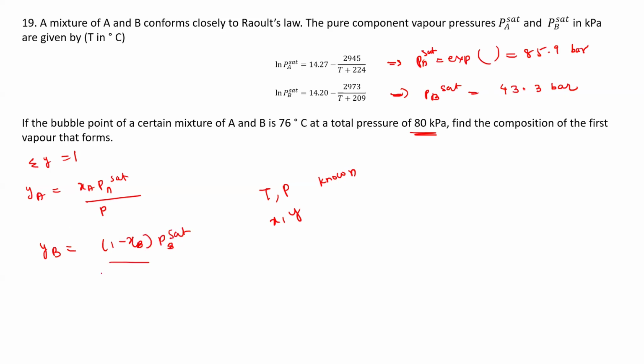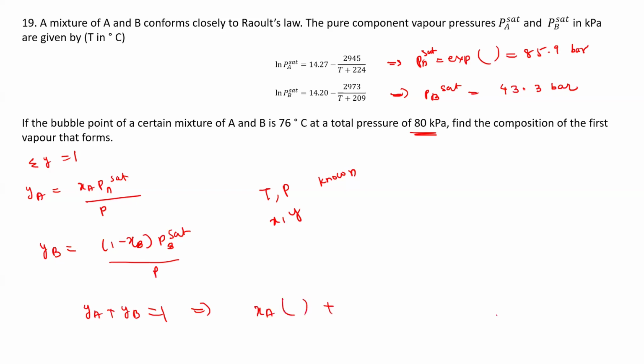And now I have YA plus YB equals 1. It implies I have an equation: XA into something plus 1 minus XA into something equals 1.